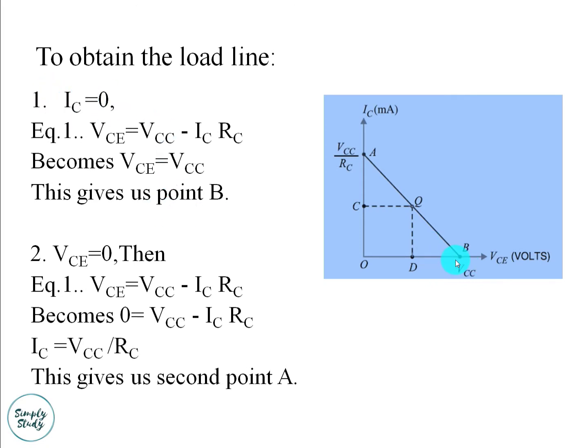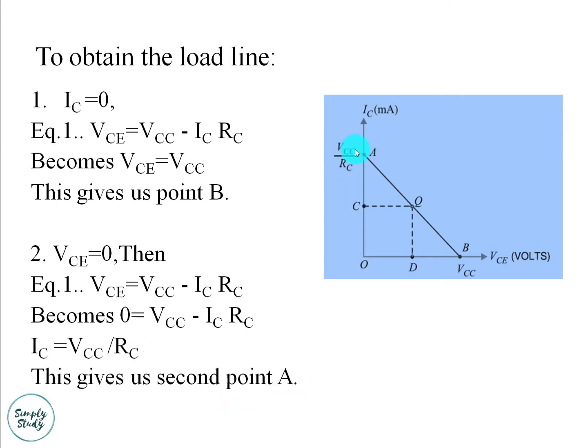This gives the point B, which means OB equals VCC on the collector emitter voltage axis shown in the above figure. To obtain A, when collector emitter voltage VCE equals 0, the collector current is maximum and is equal to VCC by RC. This is shown as VCE equals VCC minus ICRC, 0 equals VCC minus ICRC, IC equals VCC by RC.